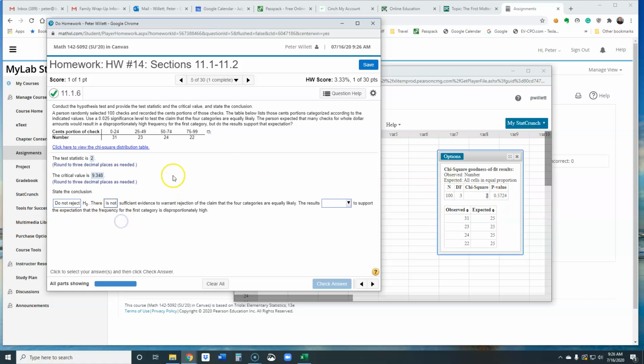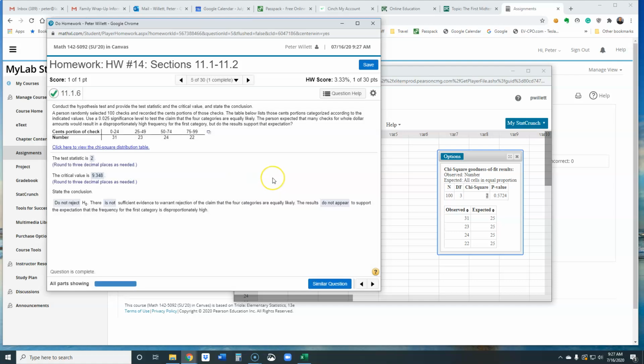There is not sufficient evidence to warrant rejection of the claim that the 4 categories are equally likely, because if they were, you would observe these kind of results more than 50% of the time. The results do not appear to support the expectation that the frequency for the first category is disproportionately high. They do not support that because this is perfectly in line with them all being equally distributed by chance. And so that's how we fill out the conclusion.